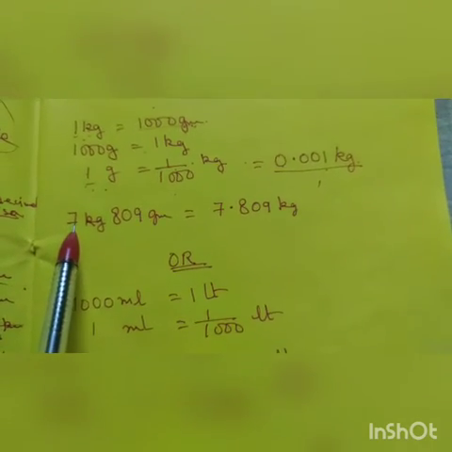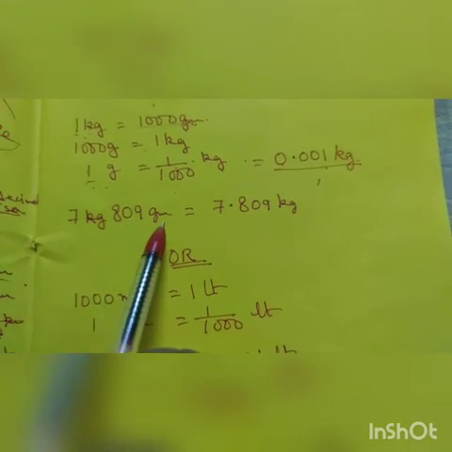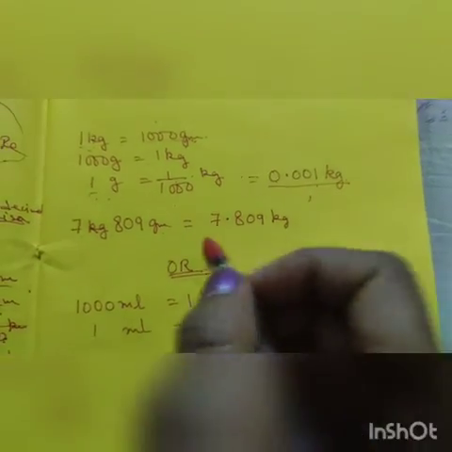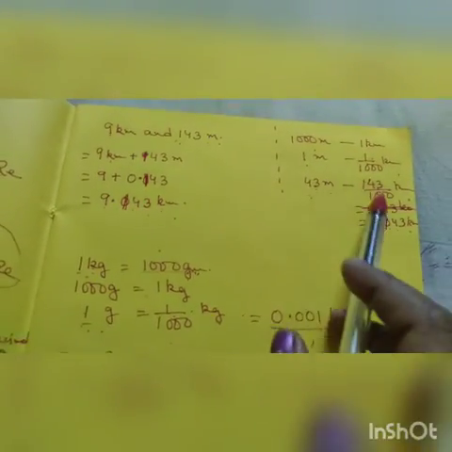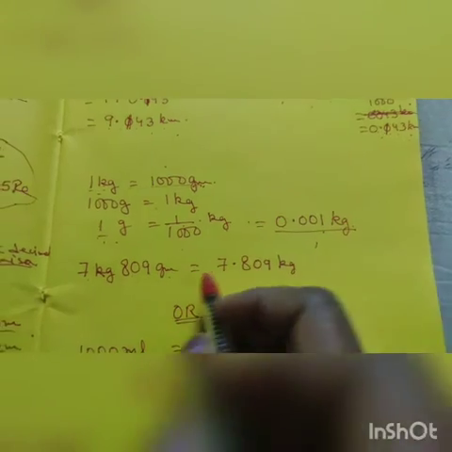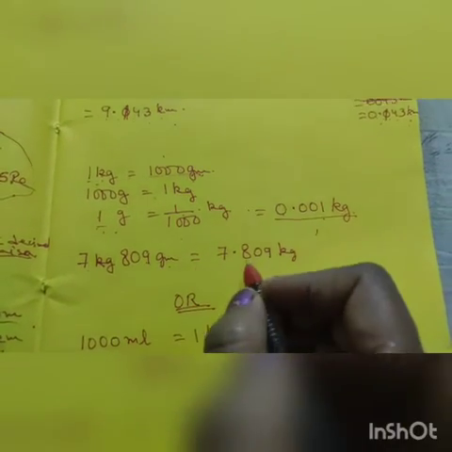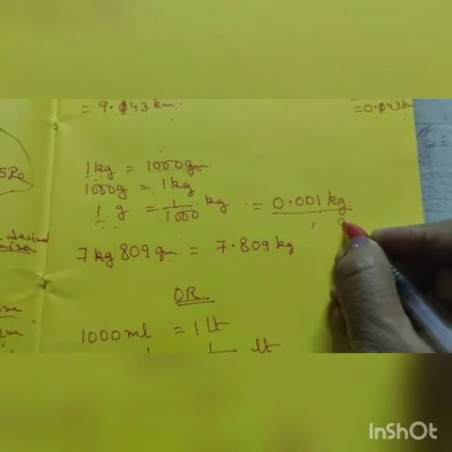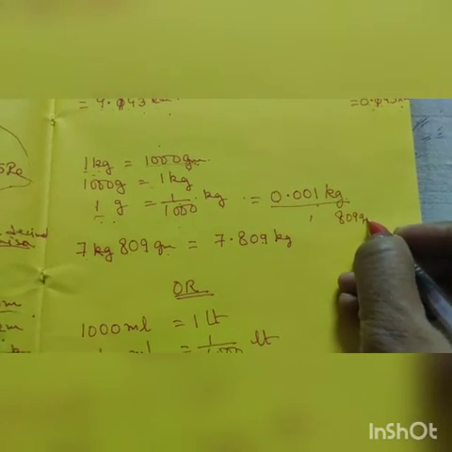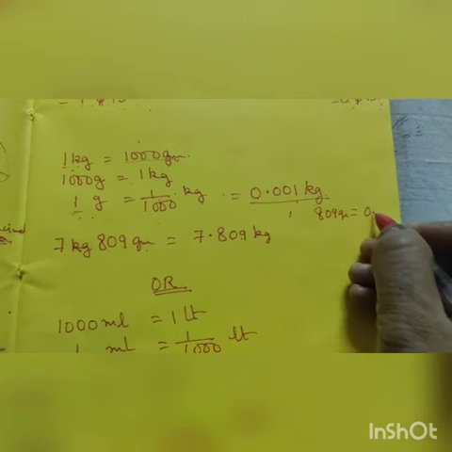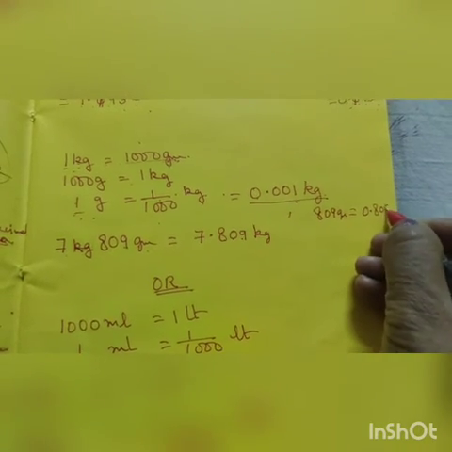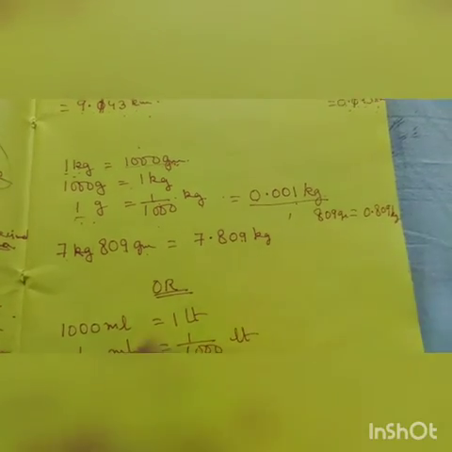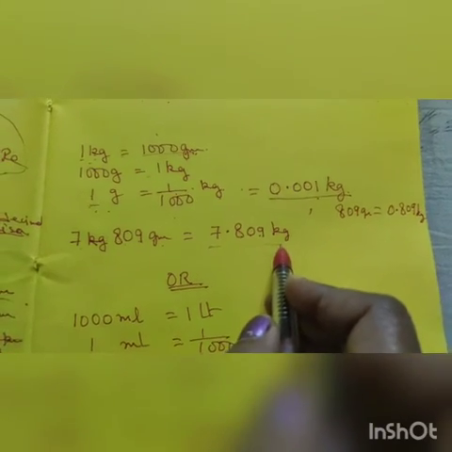Now, when we have to add 7 kg and 809 gram, we will again do it like this. As we had converted this, 809 gram will be converted to 0.809 kg. Now when we add, we will get this answer.